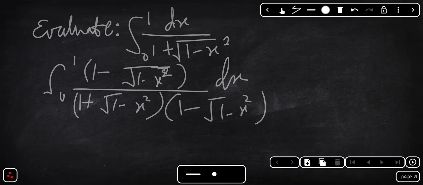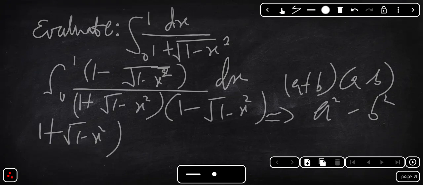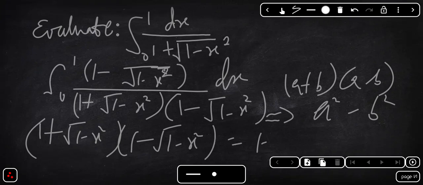And then if I apply the difference of squares to this denominator, if you have a plus b multiplied by a minus b, this is going to give you a squared minus b squared. So 1 plus square root of 1 minus x squared multiplied by 1 minus square root of 1 minus x squared will be 1 minus (1 minus x squared), and this will be x squared.